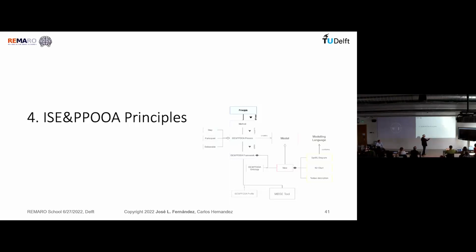So engineering principles drive best practices that we use in different steps of the method to model the system using views. These views are represented with a notation that is SysML or another.